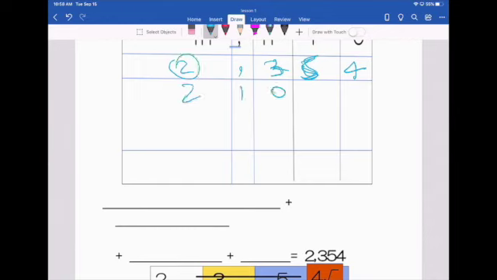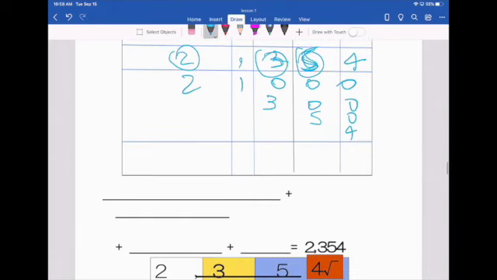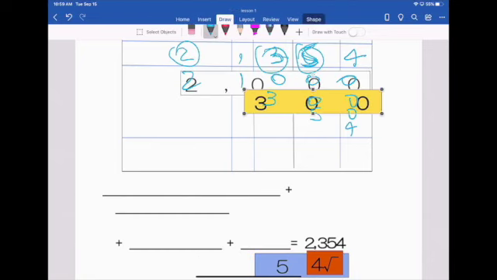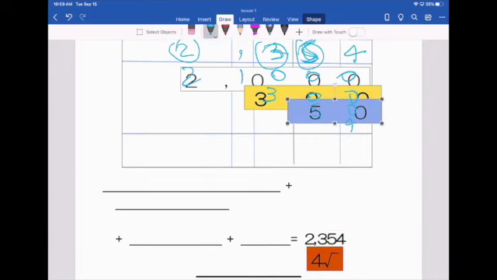We put 0 in the rest, and that's what we got. The second one, the third, and the last. It's exactly the same thing we did before, but now we write it down. This is the 2000, this is the 300, this is the 50, and this is the 4.